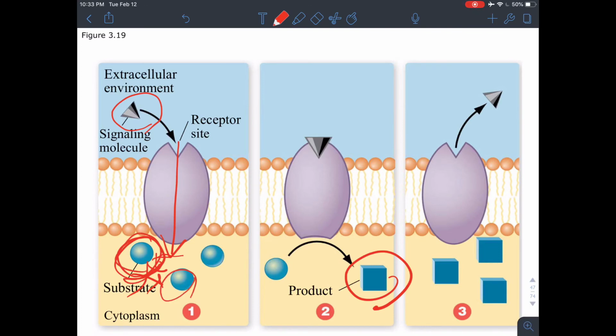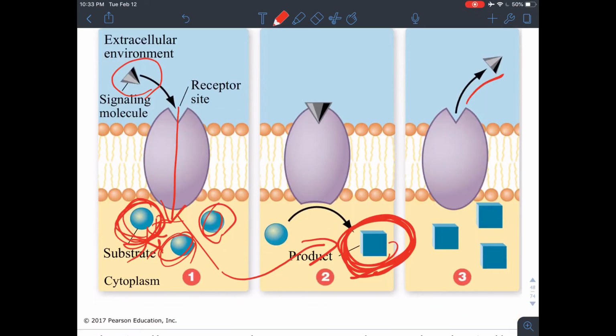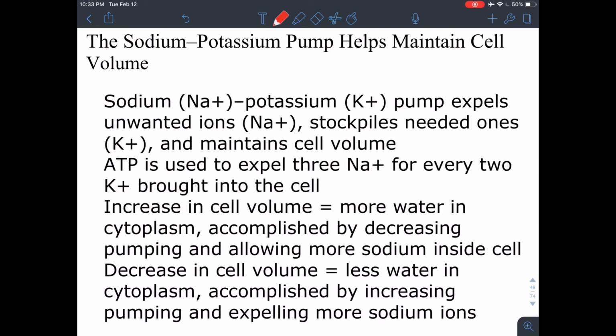At any rate, we're triggering molecules on the inside of the cell to react in a certain way that ultimately results in the production of this product. And that is what the goal is. And at that point, the signaling molecule lets go. So hopefully you understand that. That's really as much as I need you to know about this particular topic of cell signaling, but that is one function of possible proteins.